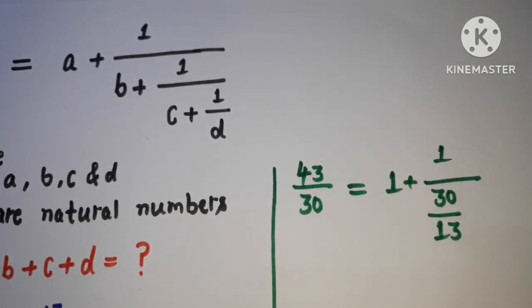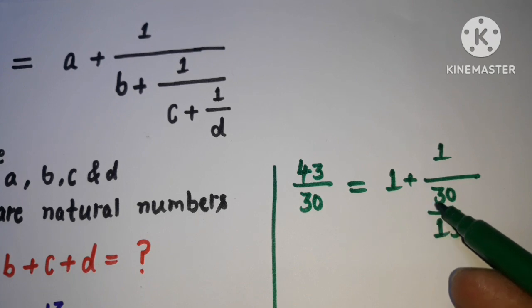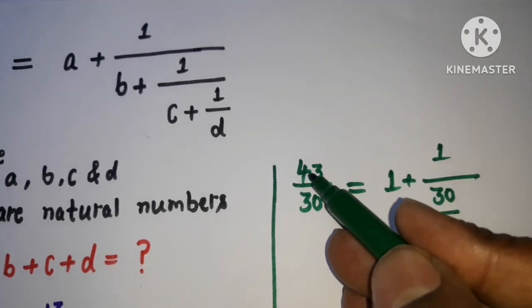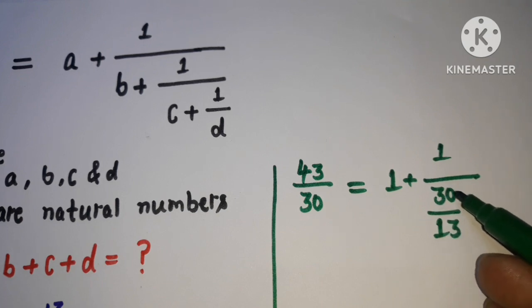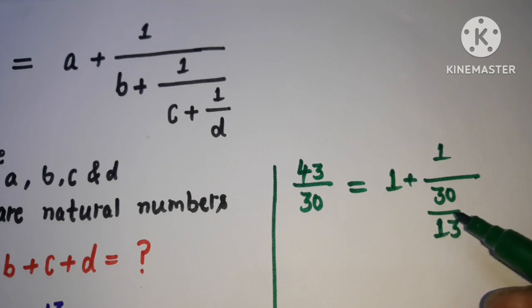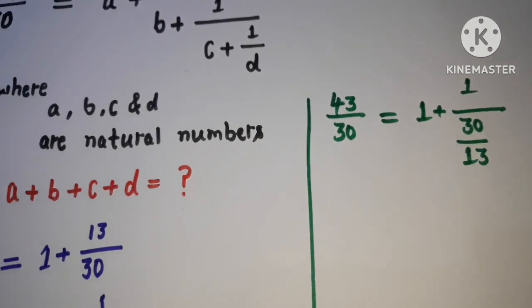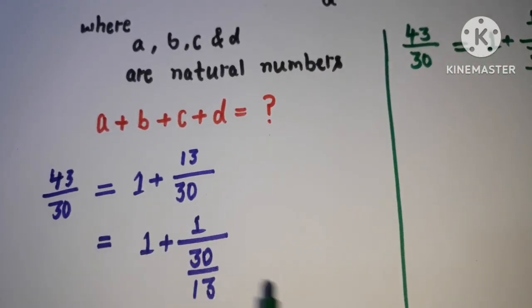Now we need to work on this part. It is also in p by q format, but we have to separate the natural number and the rational number. The process is the same as we did for 43 by 30.